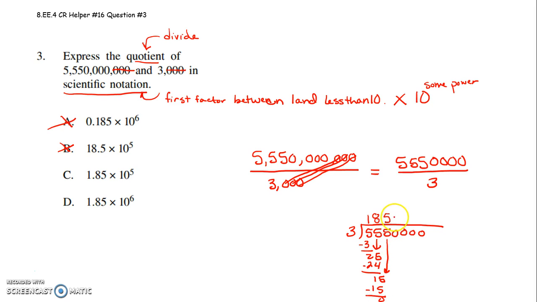And then up above these zeros, I'd have to fill in 1, 2, 3, 4 zeros. So there we have it. So when we divide out, we actually get 1,850,000.